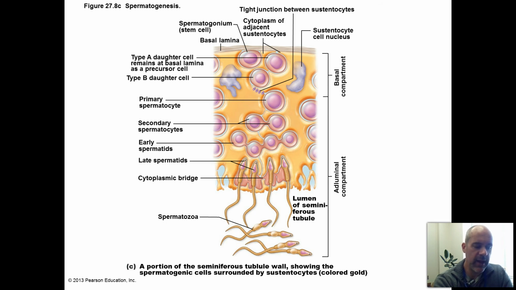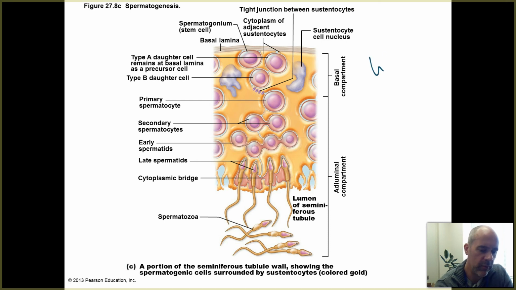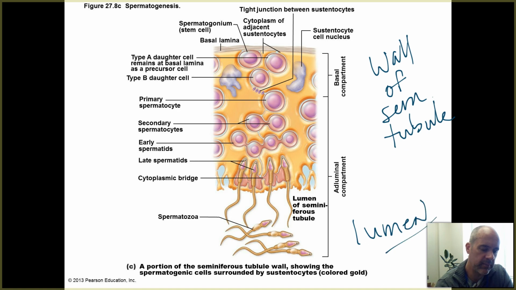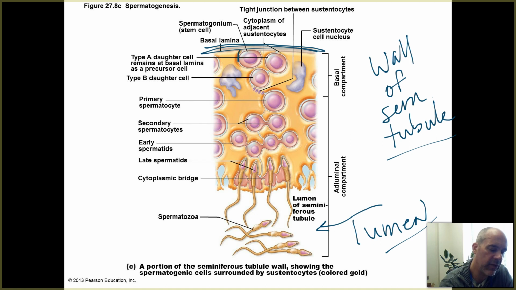Okay, and here's a diagram. You're looking at the wall of the seminiferous tubule here, and down in here is the lumen. This is the edge of the wall, and right in there is one of those spermatogonia I was talking about.